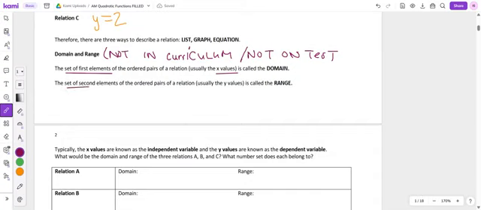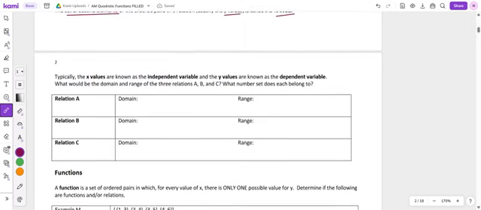And then the second elements, i.e. the y values, are the range. So I want to show you some notation about how to write the domain and range. So all we're doing is we're taking the x and y, and splitting them. Okay? So let's turn the page and let's practice.